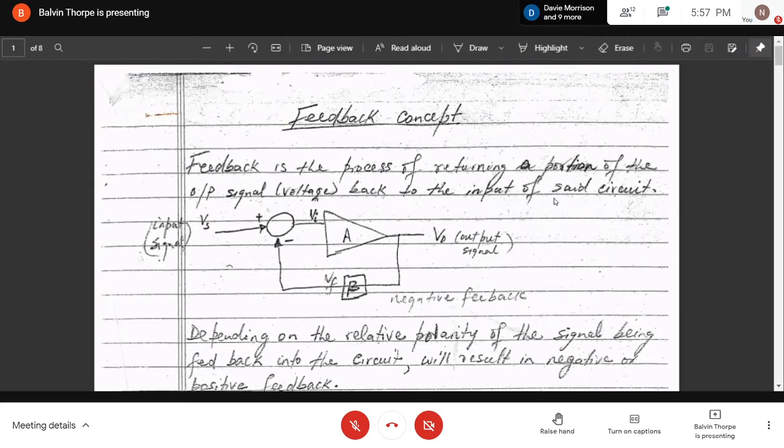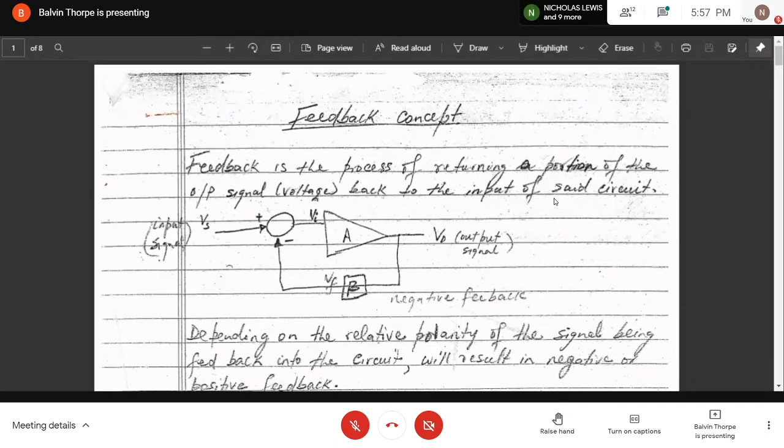As a matter of fact, the only thing at this level that we need to know as far as positive feedback is concerned is that positive feedback is only used for oscillation. All other circuits with feedback use negative feedback.